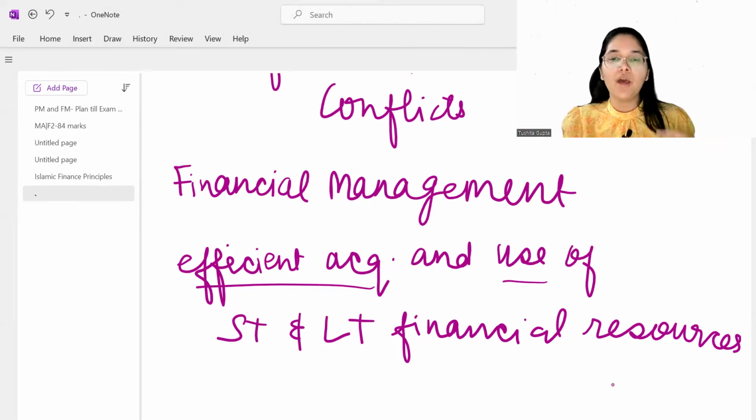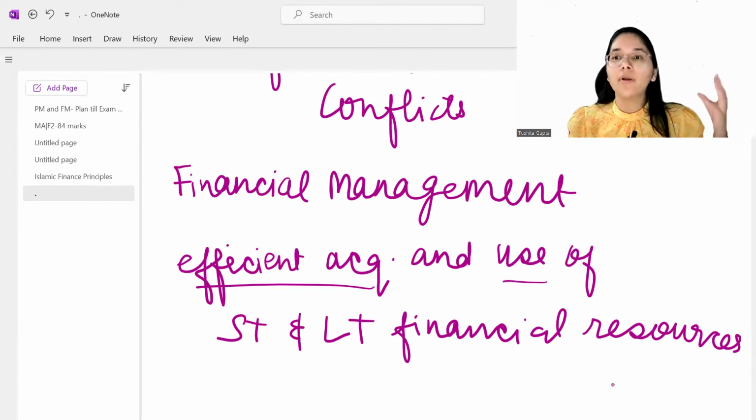If you have obtained some money, obviously that will be there at a cost. If it's a loan, you might have to pay interest. If it's equity that you have raised, you might have to pay dividends to your shareholders. So you need to make sure that you're using that money productively so that you are not only able to deliver the commitments that you have made, interest on your loan or dividends to your shareholders, but also generate additional profits through which the business will thrive.